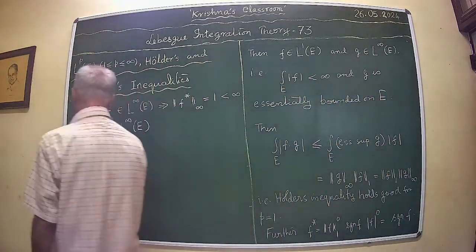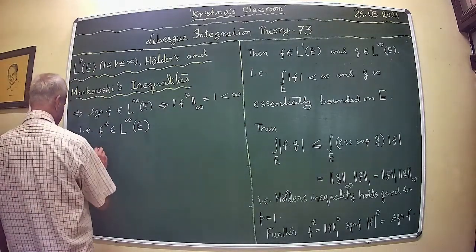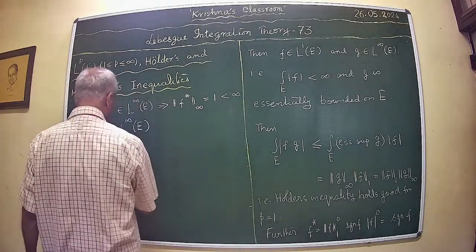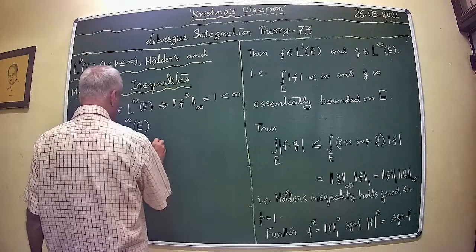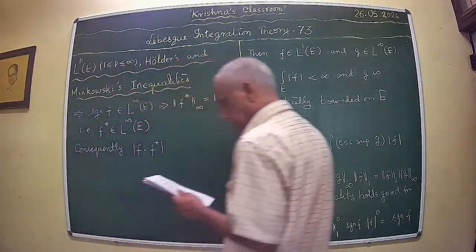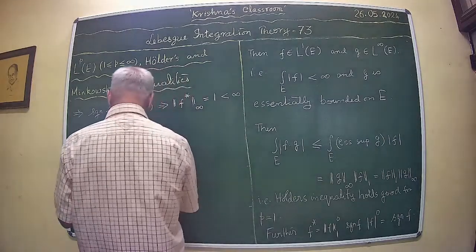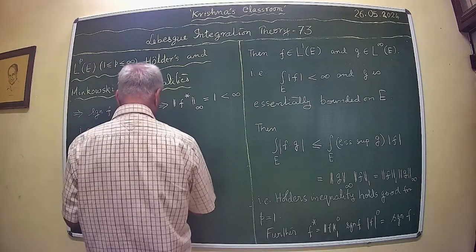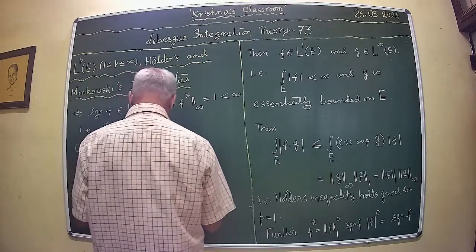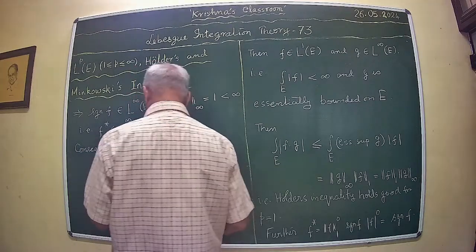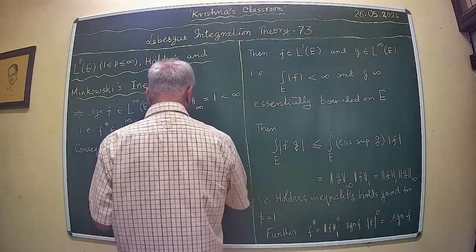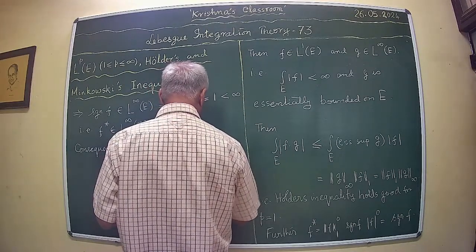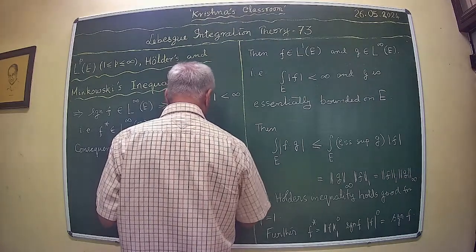Now consequently, mod f, so g we take as f star, this is equal to the norm of f to the power 0, because p is equal to 1. That's the reason.